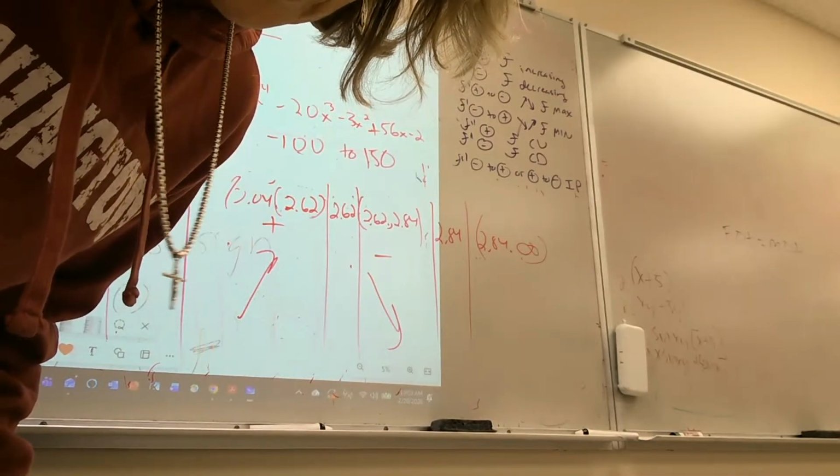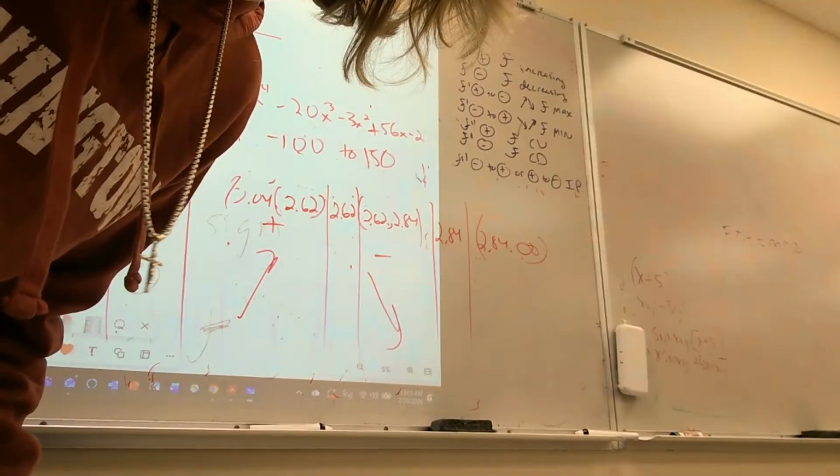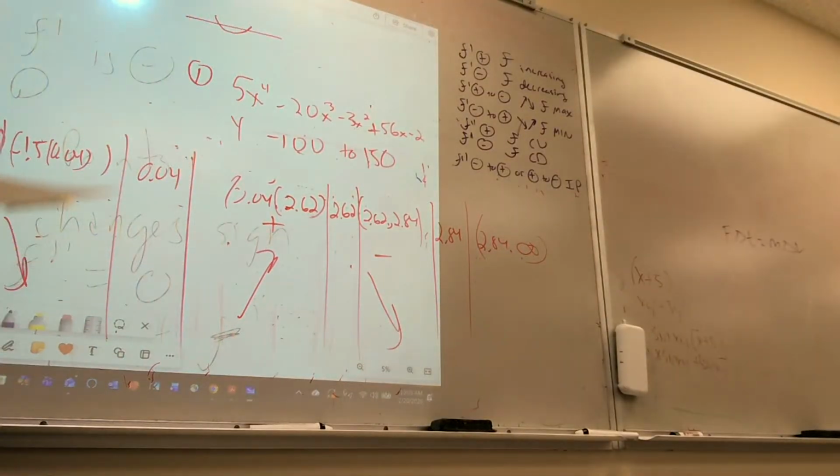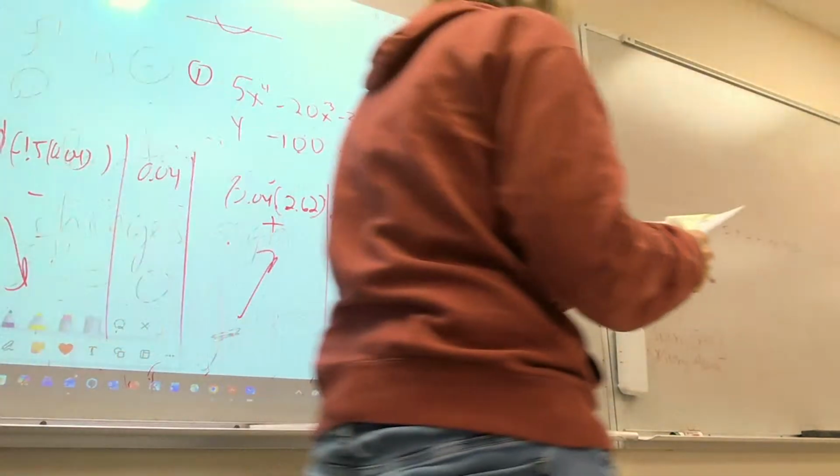The inflection points are where the slope changes sign and f prime prime is 0. So the max and the min of this graph are your inflection points.